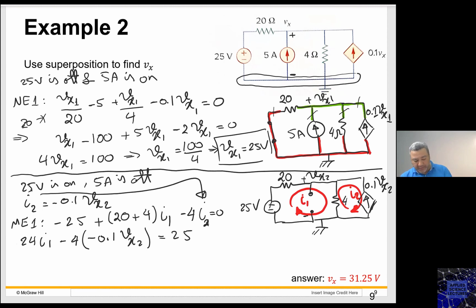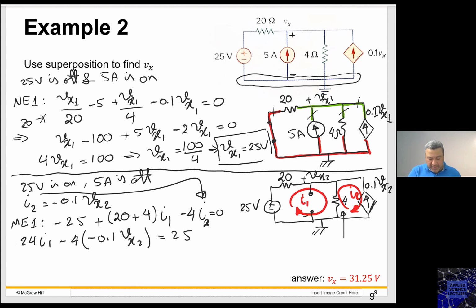I can see here that Vx2 is across the 4 ohm, and the current in this 4 is due to both of them.